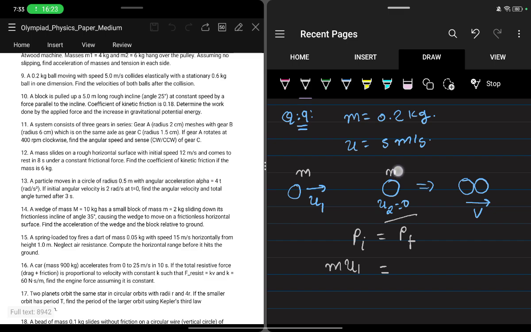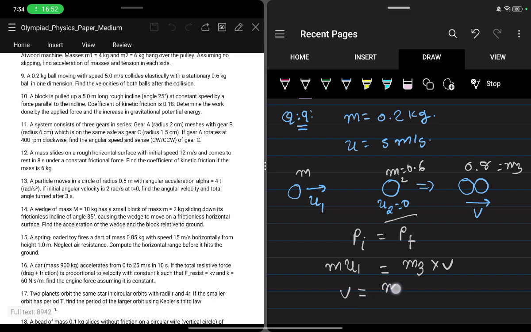here its mass is 0.6, this m2. So here the mass would be 0.8, right? First write this down this way, that it is m3, m3 multiplied by v. So we need to find this v.